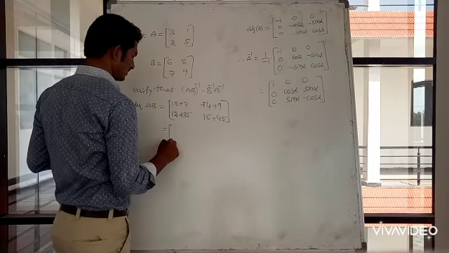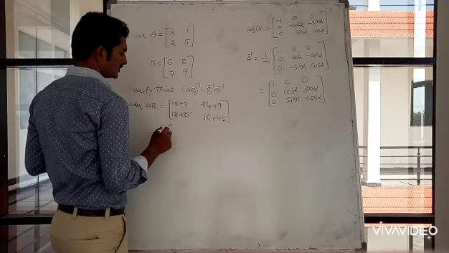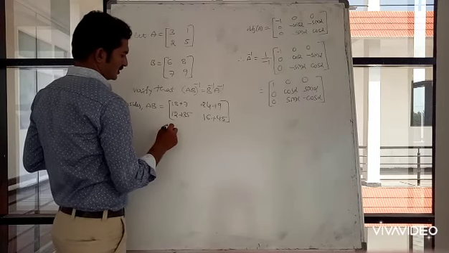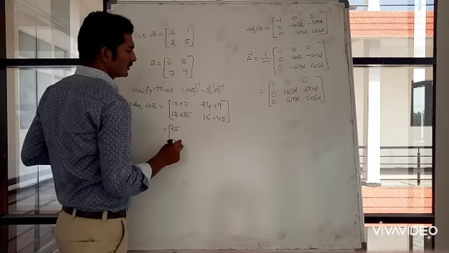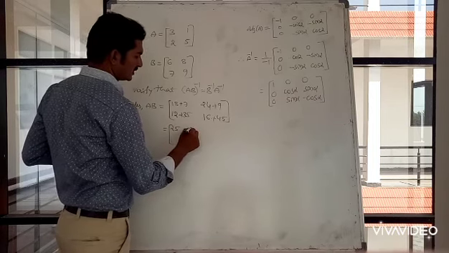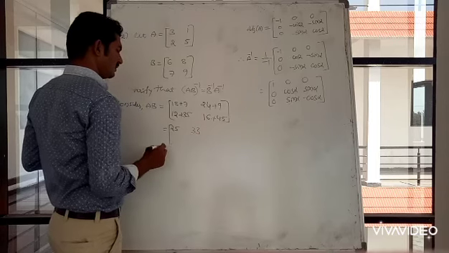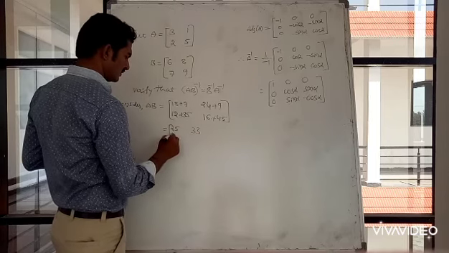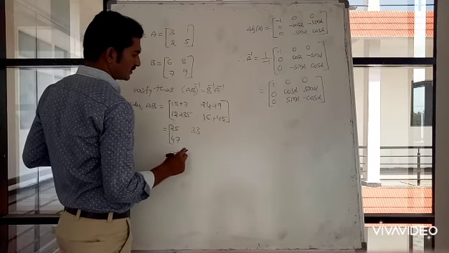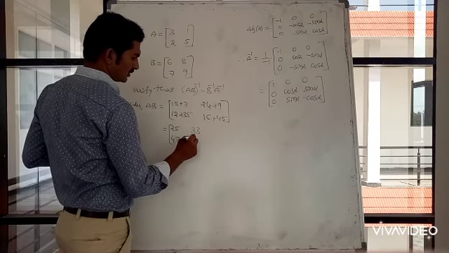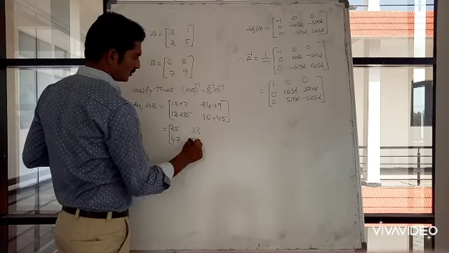Simplify this. We get 18 plus 7, 25; 24 plus 9, 33; 12 plus 35, 47; 16 plus 45, 61.